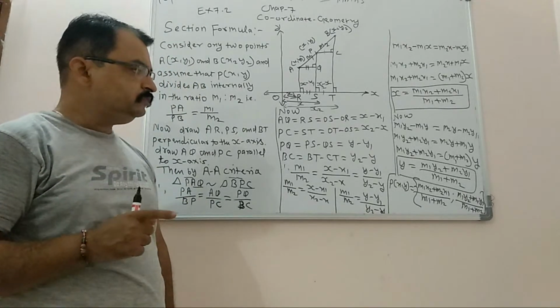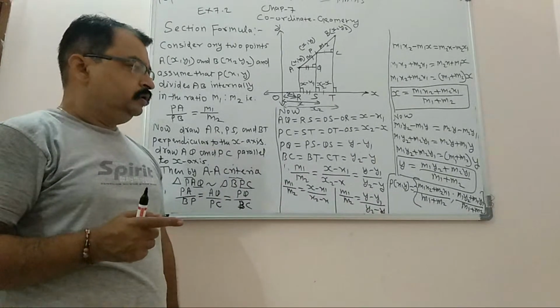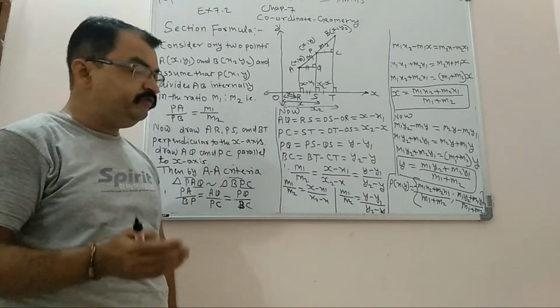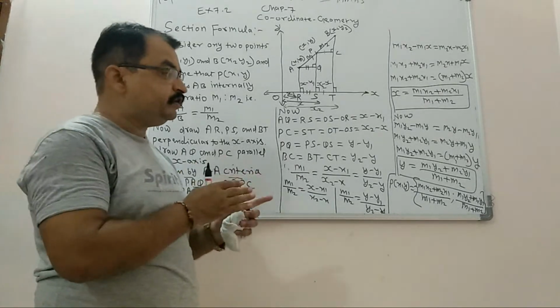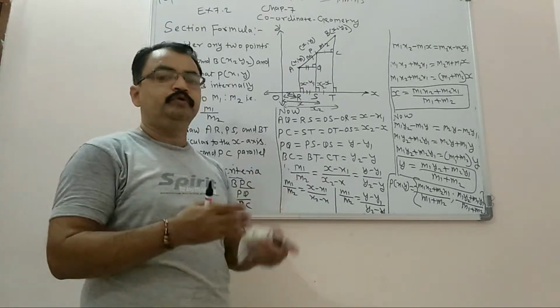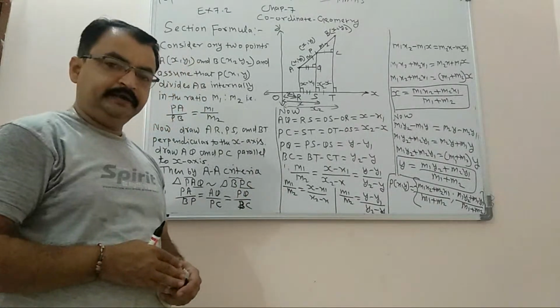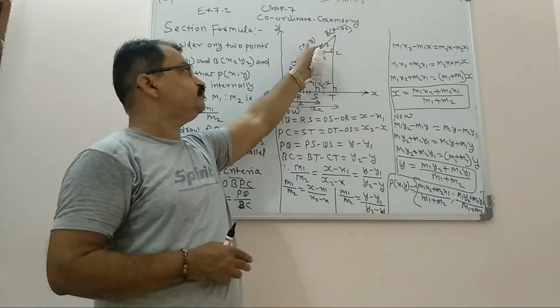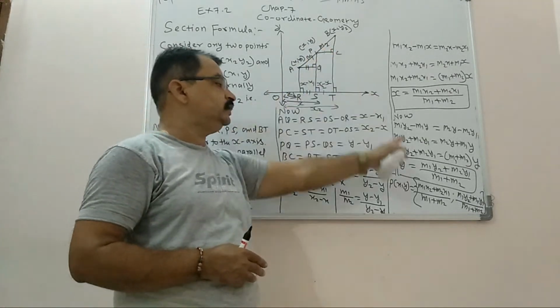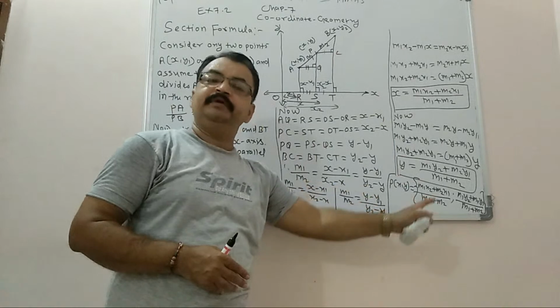Now there are a few convenient ways, meaning this section formula we can convert into two more forms, right? See, if x1 y1 is given, x2 y2 is given, and P(x, y) you have to find on the ratio m1 m2, definitely you will apply this form directly.